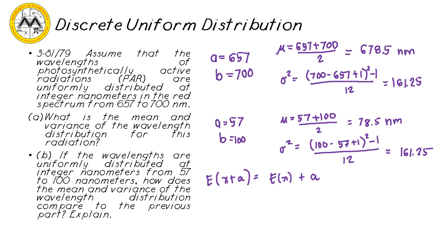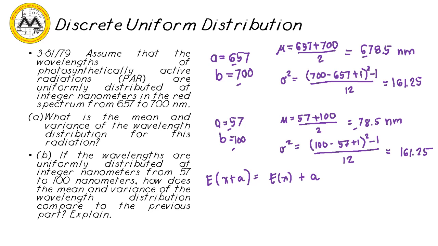So since all of the values are decreased by 600, the mean would also be decreased by 600.